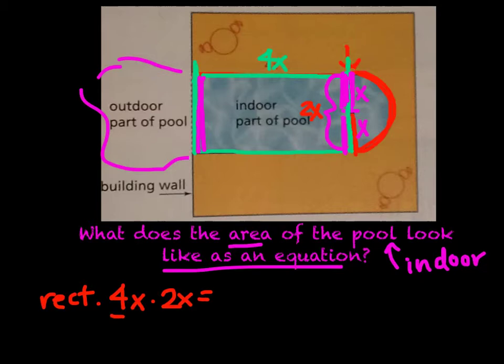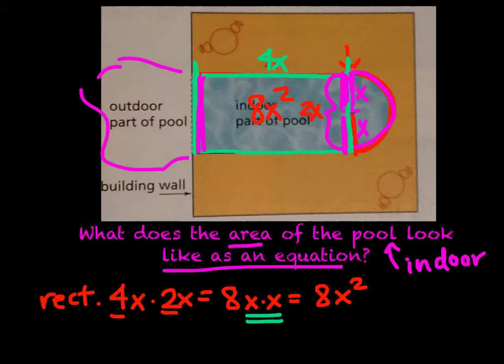Now all we need to do is simplify this. I have 4 times 2, which I can multiply, and I get 8. And then I have x times x, two x's multiplied together, which is repeated multiplication or an exponent. So 8x squared represents this rectangular portion of the pool. Now I need to look at this half circle.